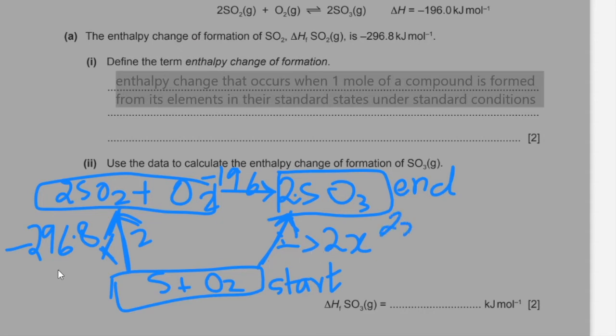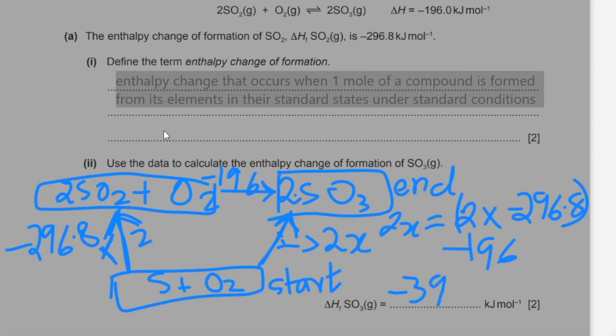So 2x is equal to twice negative 296.8, and then you add the second value, which is negative 196, and solving this you get the value of x as negative 394.8 kilojoule per mole.